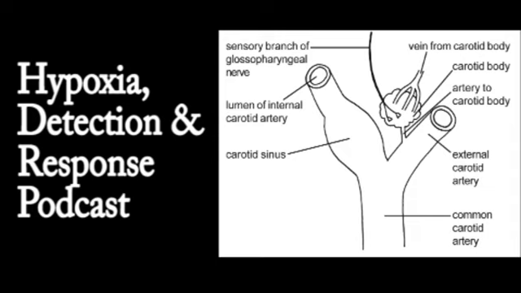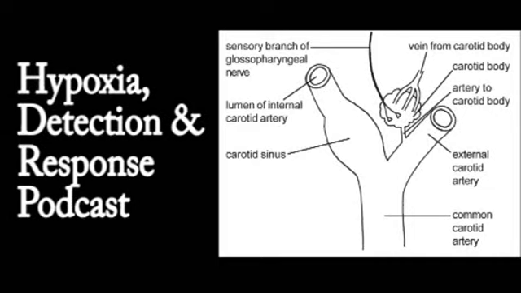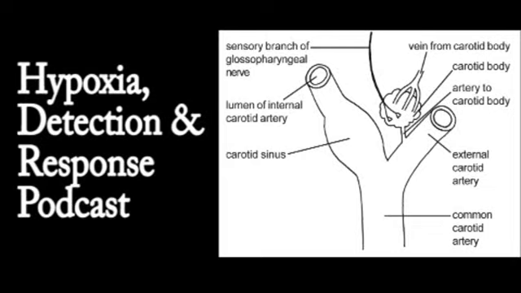Because you might know that cardiac output equals heart rate multiplied by stroke volume. So if we increase heart rate and or stroke volume, that will increase cardiac output. If we increase cardiac output, we increase the number of red cells circulating around, and therefore we increase the amount of oxygen that's being carried around in the blood.